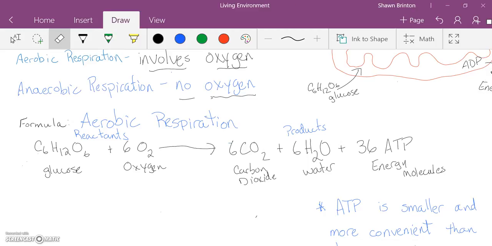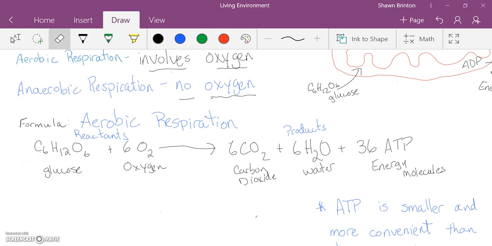Oxygen is needed, so 6O2, and glucose is broken down to carbon dioxide, CO2, and water, which is H2O, and then you wind up having 36 ATP molecules converted from ADP.